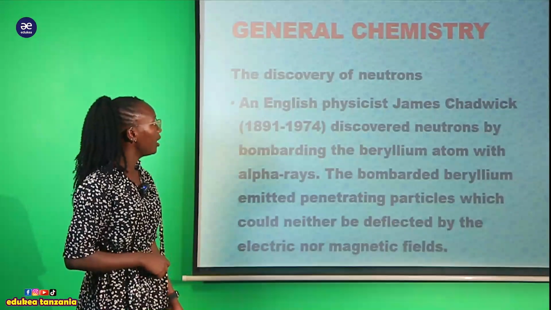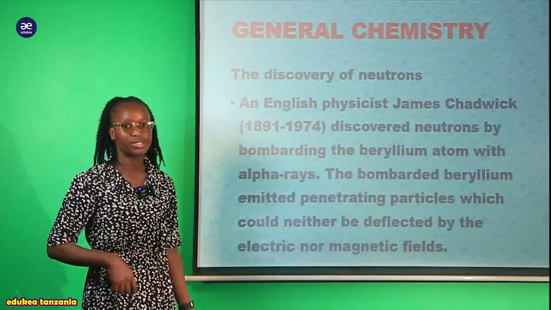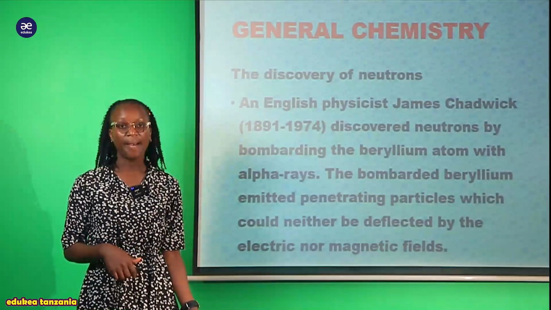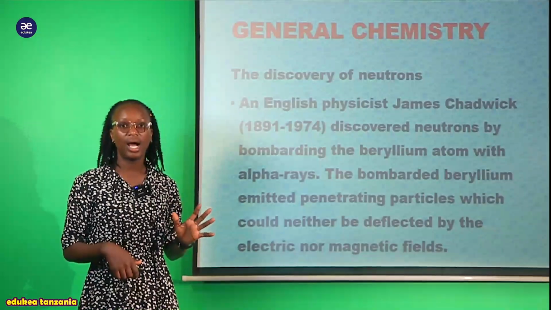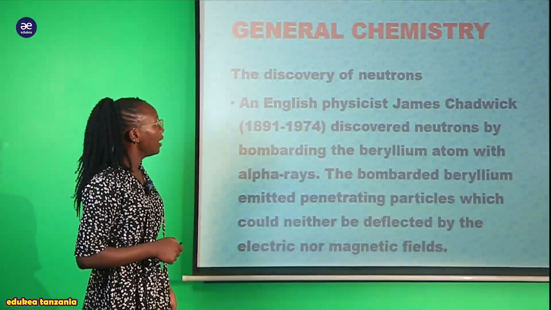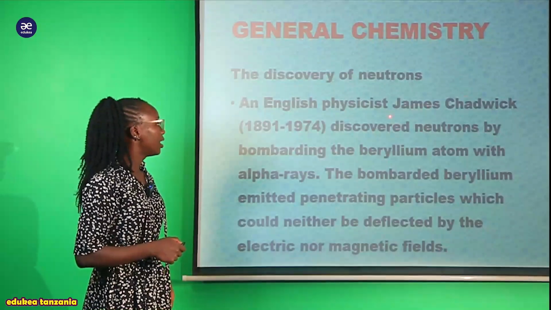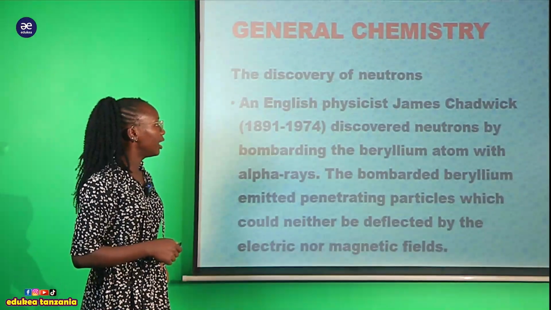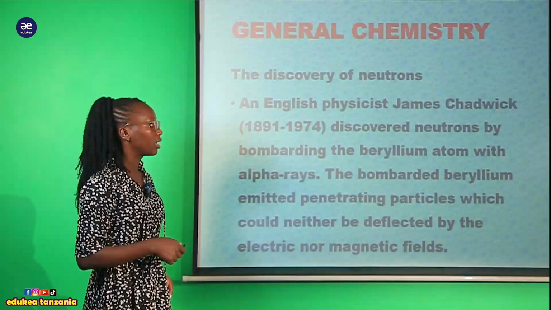Okay, now let us see the discovery of the neutrons. Sasa hapa tunaenda kuangalia the last subatomic particle of the atom. So hii neutrons ilikuwa discovered by physicist James Chadwick.